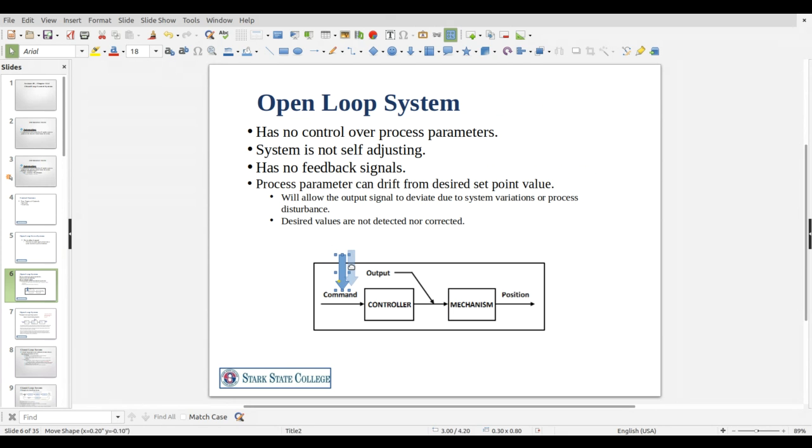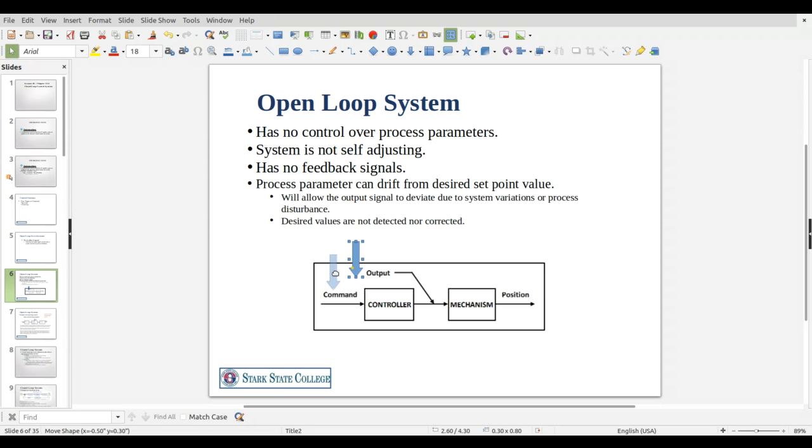We generate a command and send that command to the controller. For example, we tell it we want it to run at a certain speed.